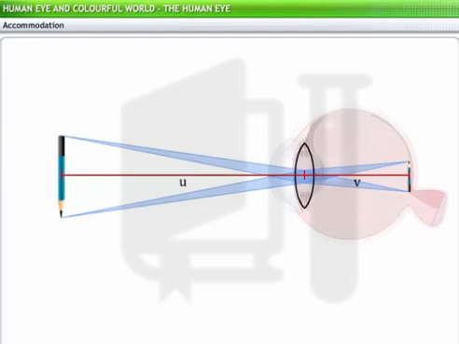Let's refresh your memory. The relation between the object distance u, image distance v, and focal length f is represented by the expression 1/f = 1/v - 1/u. In this relation, all distances are measured from the center of the lens.